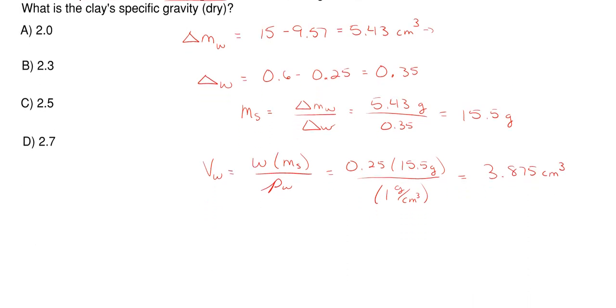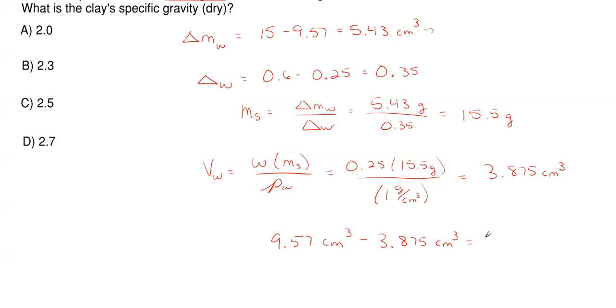All right, moving right along here. We must understand that the volumes determined from the mercury submersion are combined water and solid volumes. At the shrinkage limit, there are no air voids as the clay is saturated. Therefore, the volume of the solid at the shrinkage limit is going to be the 9.57 cubic centimeters, which is what we had up here, subtracting off what we just determined to be our water volume at the shrinkage limit of 3.875 cubic centimeters.